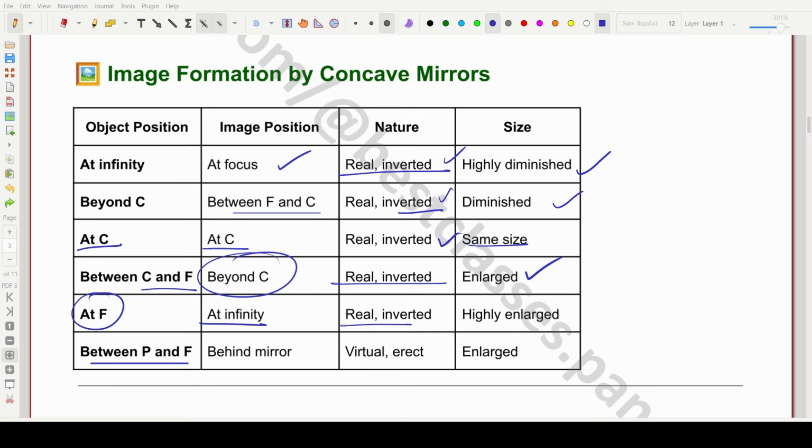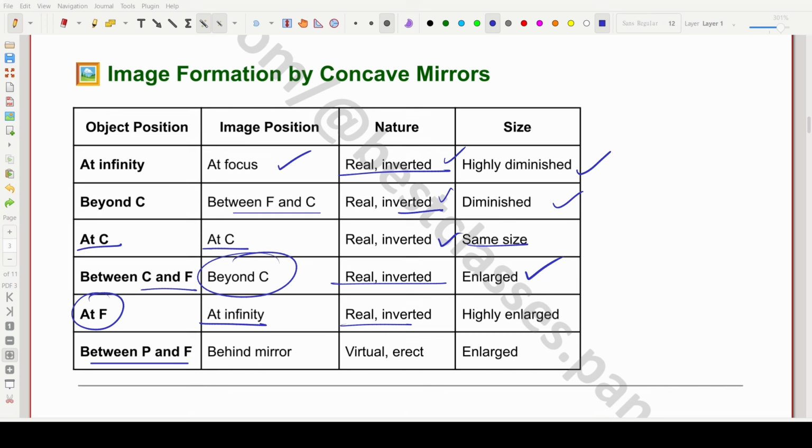When the object is at infinity, the image will go to the focus here. When the object is coming close to the center, you see the image is between where? C and F. When the object is on C, the center of curvature, you see both are the same size, real and inverted.